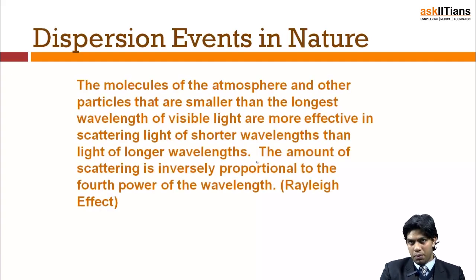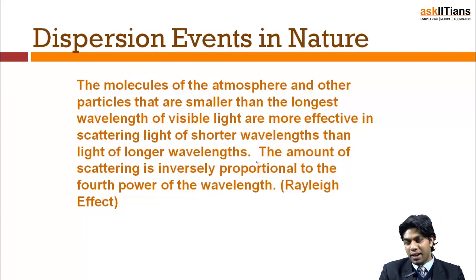The particles of the atmosphere and other particles that are smaller than the longest wavelength of the light are more effective in scattering the light of shorter wavelength than the light of the longer wavelength. That is, the particles present in the atmosphere are more capable of scattering the shorter wavelengths than the longer wavelengths if their size is smaller than the longest wavelength itself.